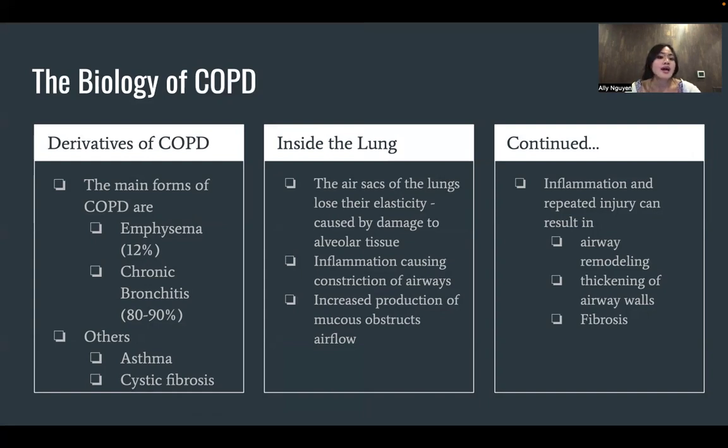And in chronic bronchitis, the inflammation causes the constriction of the airways, which inhibits respiratory function and quality of breathing. Other derivatives of COPD also include asthma and cystic fibrosis. Without treatment for these conditions, airway remodeling, thickening of the airway walls, and fibrosis may occur.